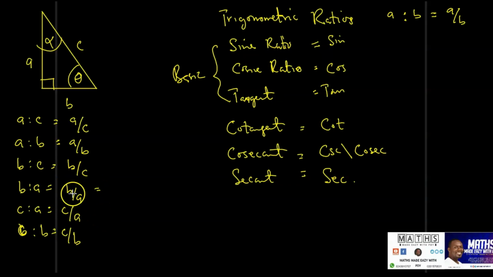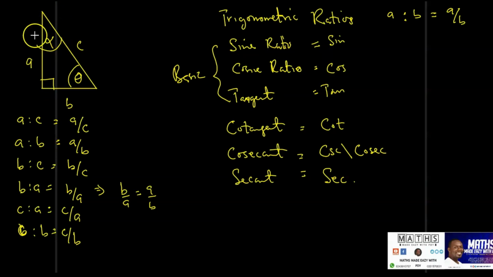Please watch this carefully, because I'm establishing it before I come and quote them here. If I have B over A, when I reciprocate it, then it becomes A over B. But how did I reciprocate it? It's like finding the inverse of it, so 1 over that expression.